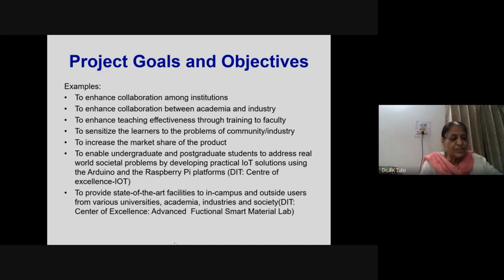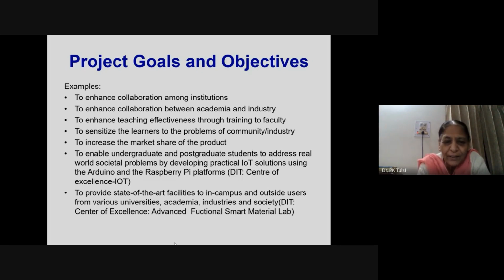A civil engineer can take up water, sanitation, construction, or roads, and so on. If he's an electrical engineer, he can think of the availability of electricity, use of renewable energy sources, etc.